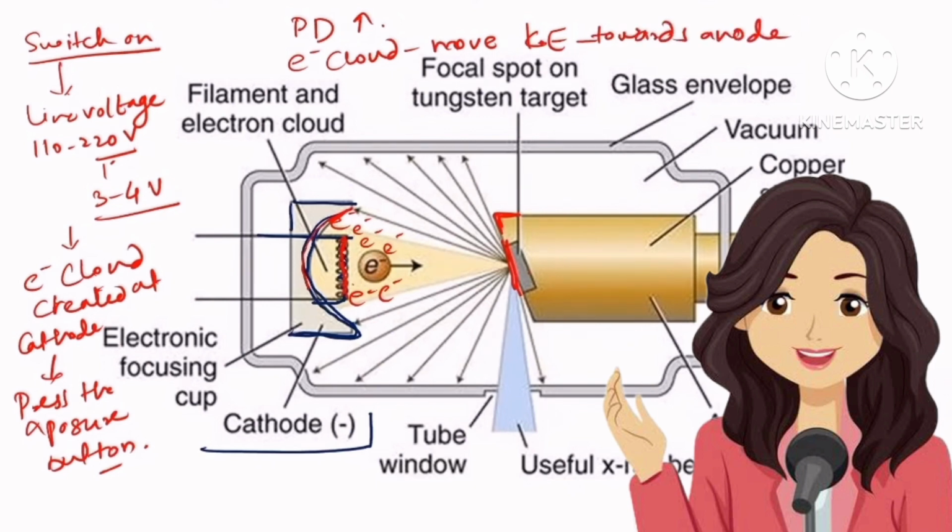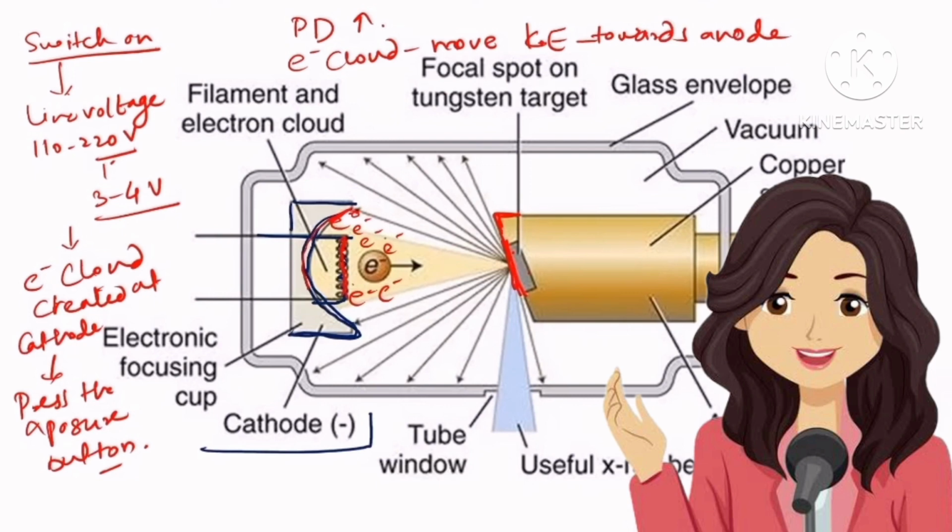We need to increase the potential difference so that the electron cloud created at the cathode will move with faster speed towards the anode and hit this anode target, so that X-ray photons are created at the anode. This is the procedure of X-ray production.